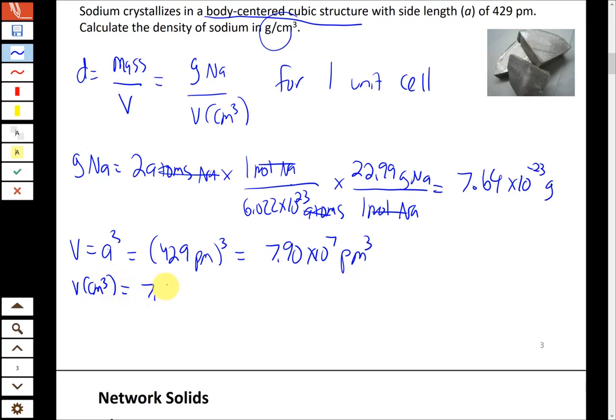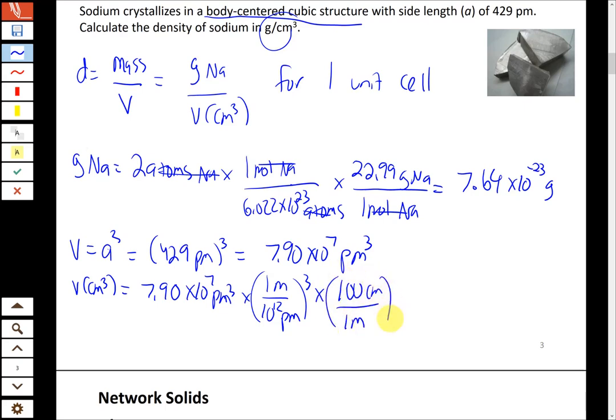It's just using our metric prefixes, really. All right, so a picometer is 10 to the minus 12 meters. So 1 meter would have 10 to the 12th picometers. We're going to cube that because it's cubic picometers in this unit. And then we have to go to centimeters next, which is 100 centimeters in 1 meter. We'll also have to cube that because, again, this is a cubed unit.